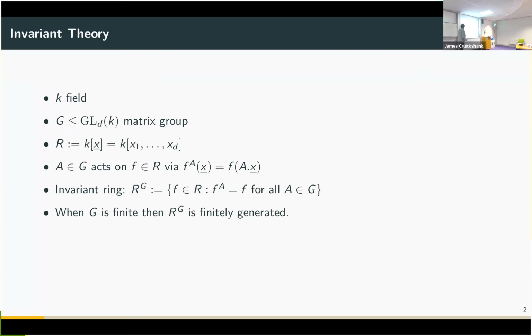Okay, let's start with invariant theory. The setting is we have a matrix group over some field. These are the matrices, and then we take a polynomial ring in indeterminates. We have seen already yesterday that the matrix group acts on the polynomial ring by a linear action prescribed by the matrix.